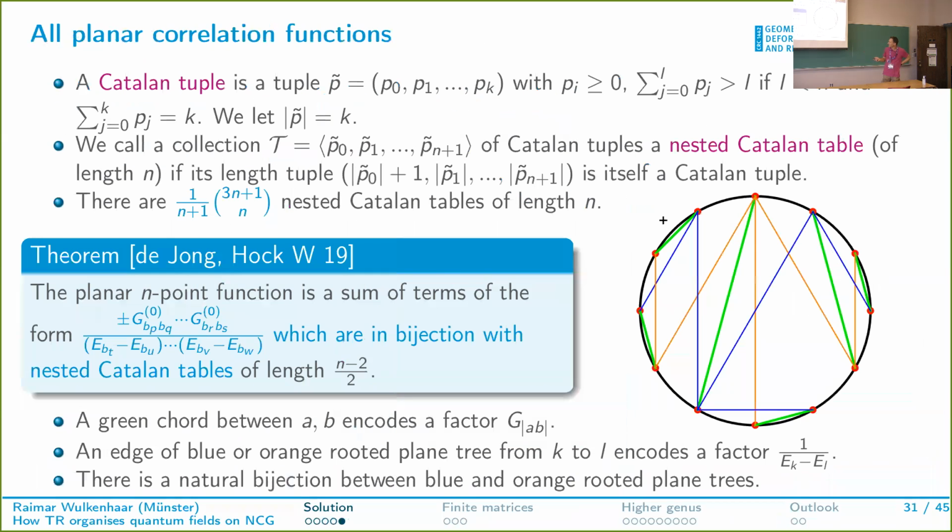Good. So one remark: I edited the slide because Alex mentioned it yesterday. This is the bijection of our terms of higher endpoint functions with nested Catalan structures. You have these chord diagrams, there are Catalan many chords, and inside every pocket we have rooted plane trees, which are also counted by Catalan. The main thing is there is a bijection between the blue and orange trees. If you know one, you know the other.